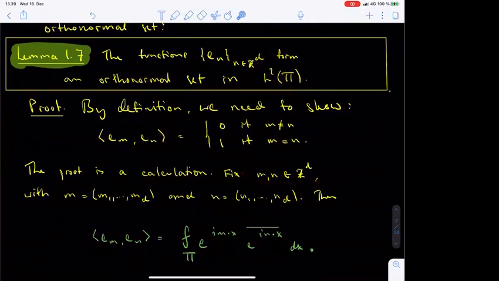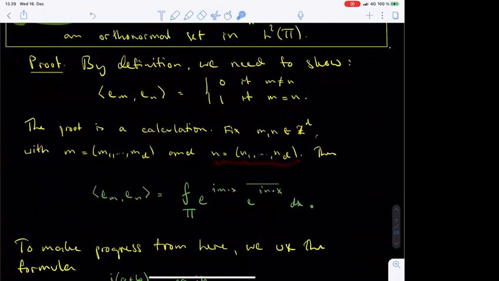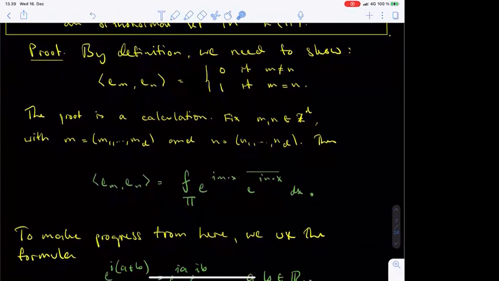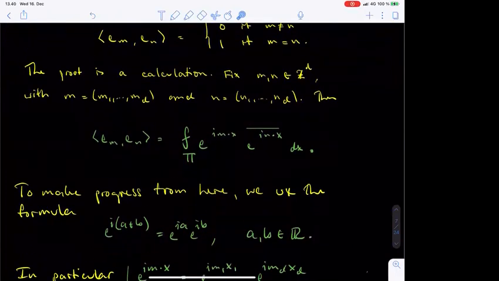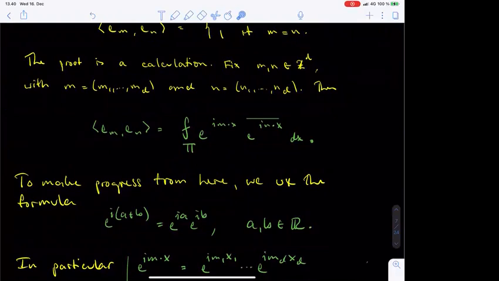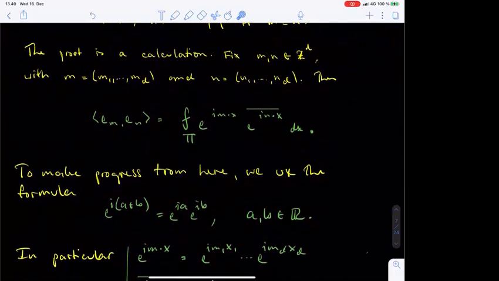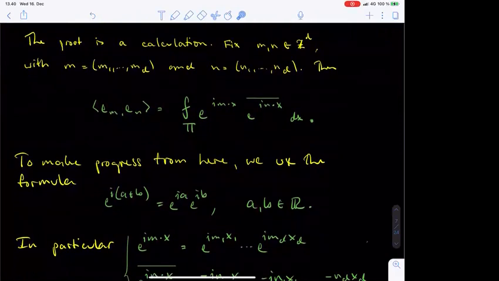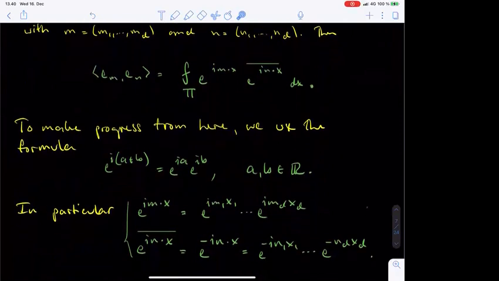Fix two integer d-tuples m and n, and let's denote the coordinates of m by m_1 through to m_d and the coordinates of n by n_1 through to n_d. With this notation, the bracket between e_m and e_n is first the average integral over T of e to the power i m dot x times the complex conjugate of e to the power i n dot x dx. To make progress from here, we use one more useful formula for the complex exponentials, namely that e to the power i(a plus b) equals the product of e to the power ia times e to the power ib. If you haven't seen this formula before in basic complex analysis, you should check it as an exercise.